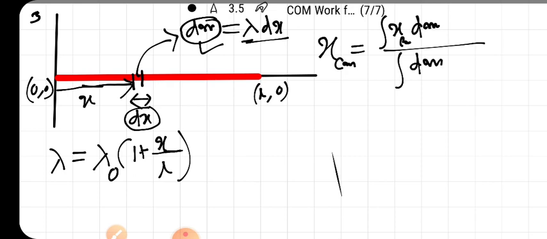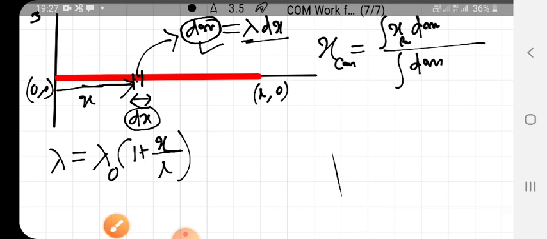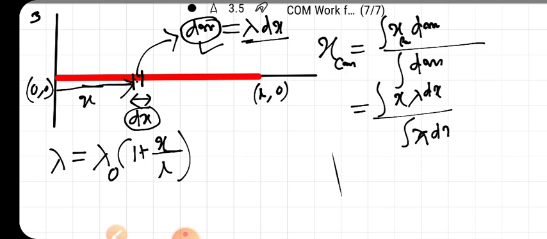This is a small particle-like element, so its center of mass is at the element itself, at a distance x from the origin. So I'll substitute x, and dm is equal to lambda dx. So we put lambda dx in the numerator and the integration of lambda dx in the denominator.